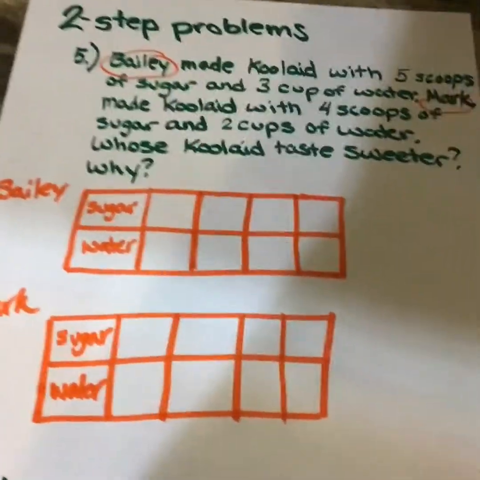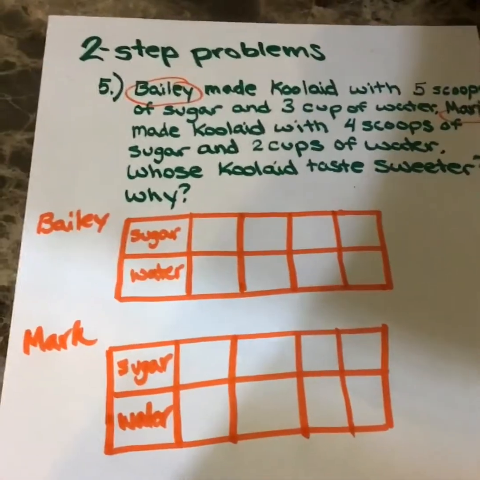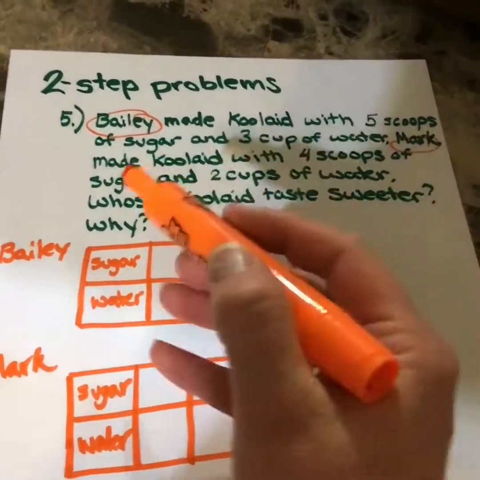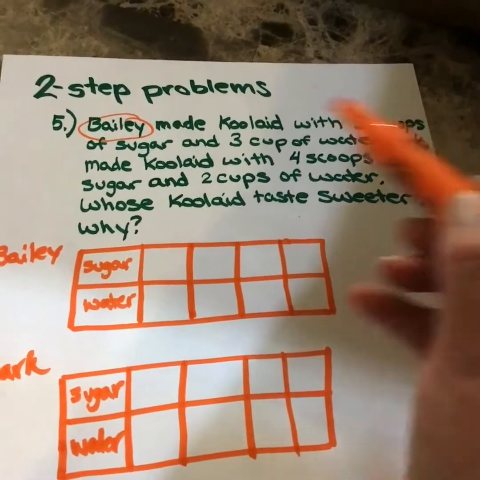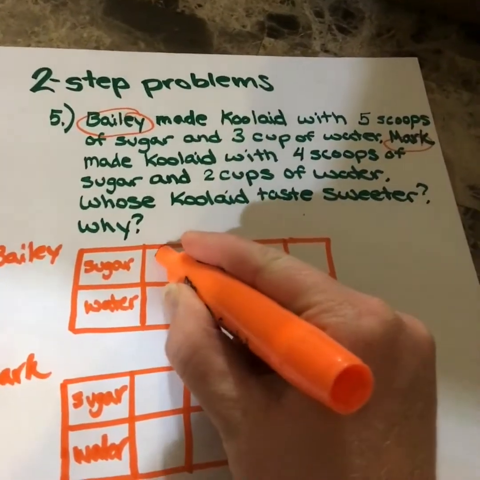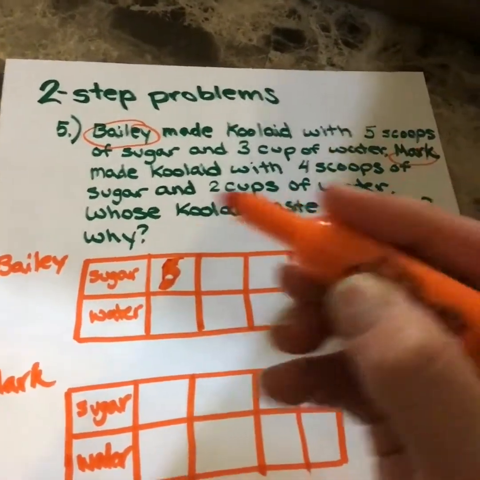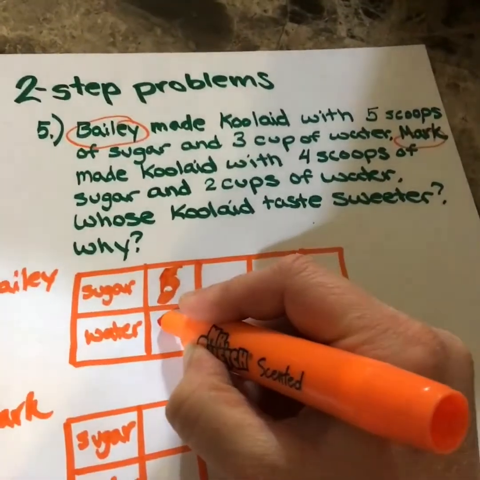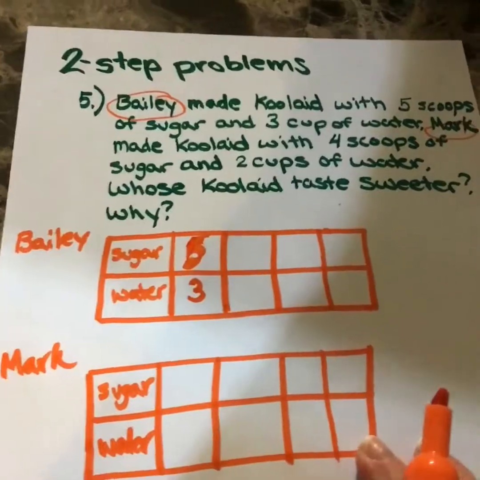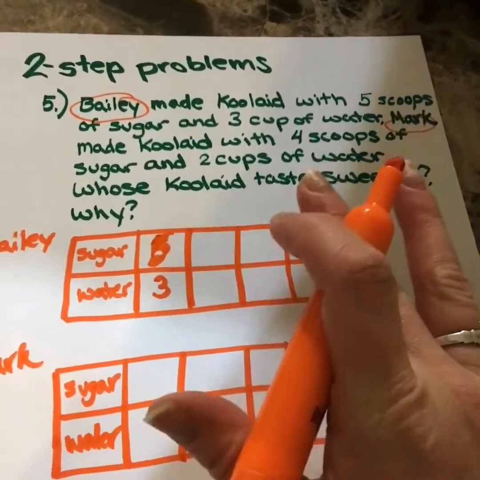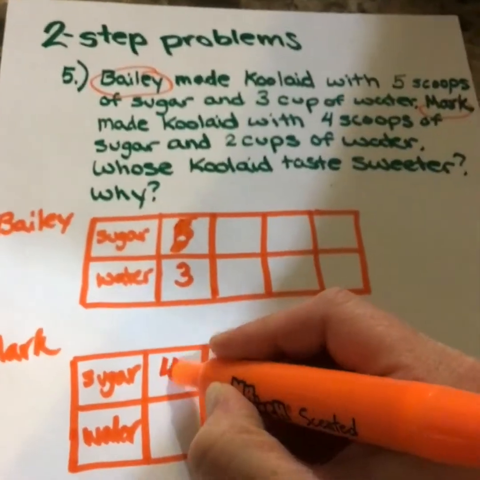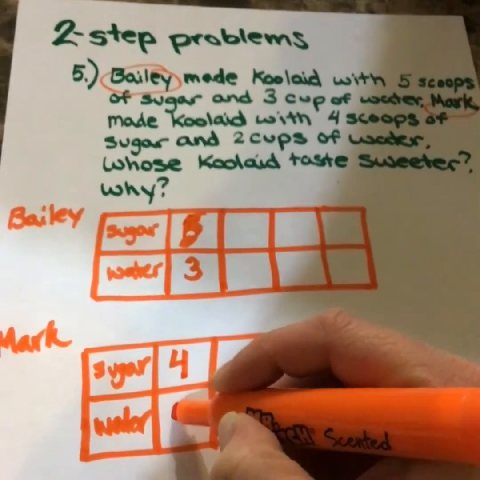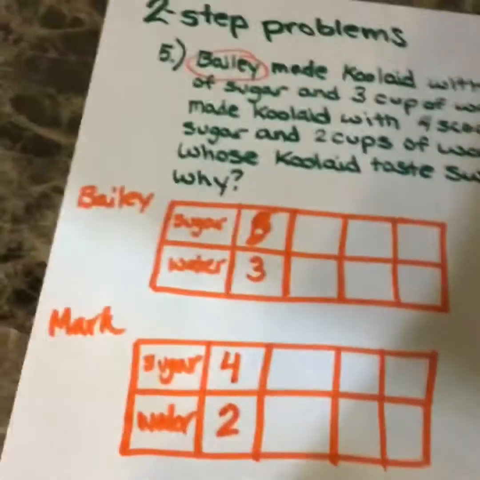Okay, so in order to solve this, we first have to fill out our ratio table for Bailey. So Bailey makes Kool-Aid with 5 scoops of sugar. So Bailey uses 5 scoops of sugar and 3 cups of water. All right. Mark makes Kool-Aid with 4 cups of sugar and 2 cups of water.